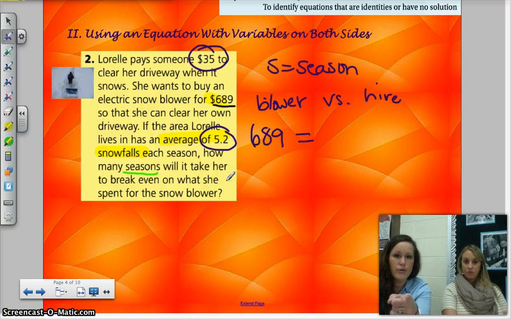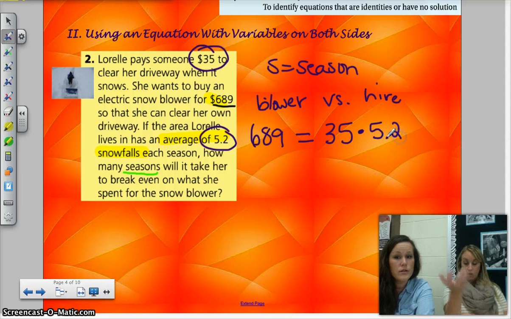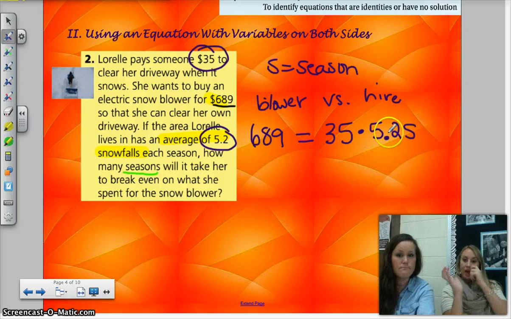If I hire you 5.2 times each season, and I pay you $35 every time, that's $35 times 5.2. Because you're coming to our house 5.2 times, and each time we give you $35. And that will give me the total cost for one season. So maybe put 35 times 5.2 in parentheses.